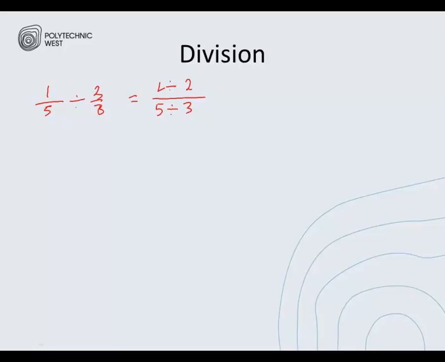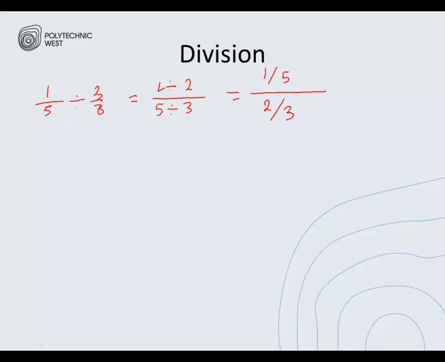Now that's not really helping me much. But another way I can write it is as a fraction: 1 over 5 divided by 2 over 3. Now that's a fraction.